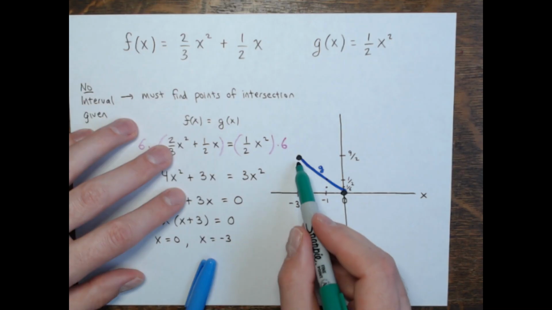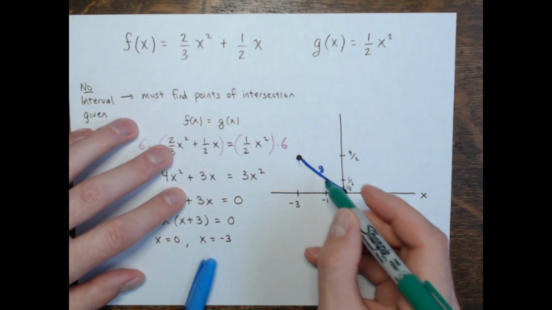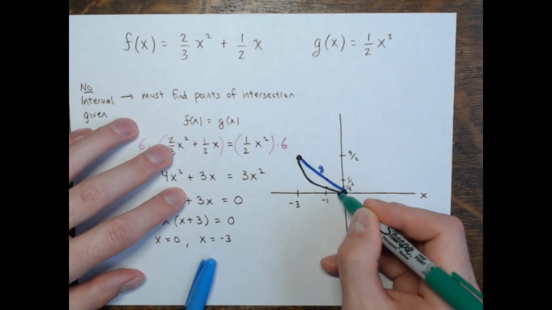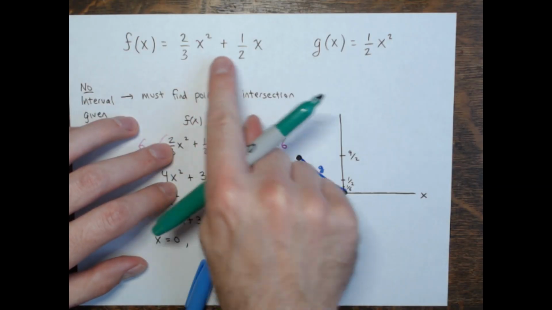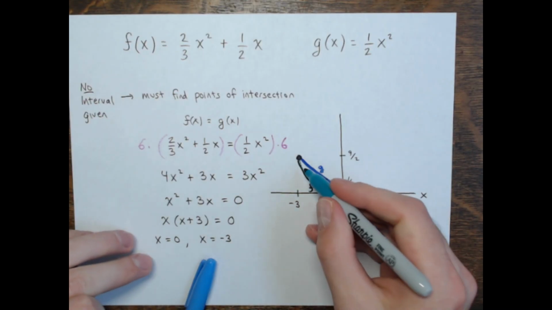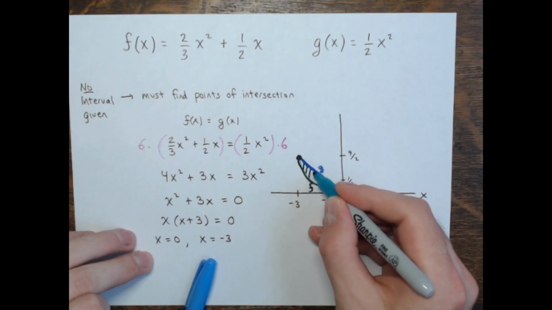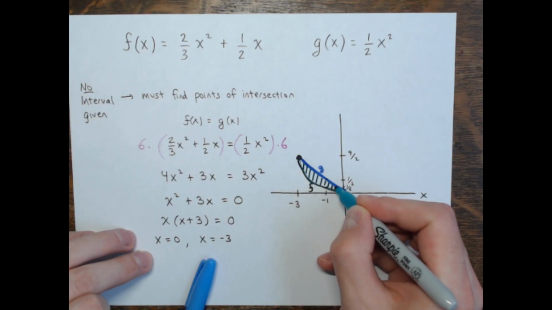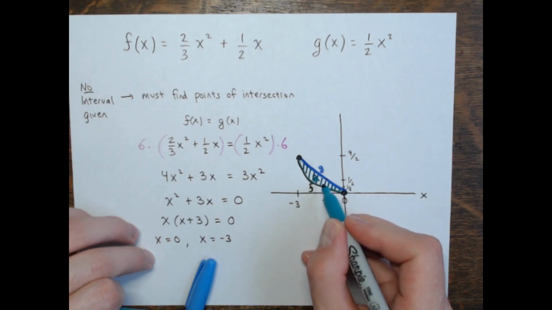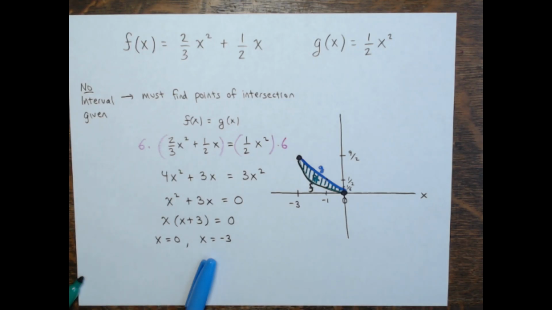And the curve going from -3, 9/2, down to 0, 0, but passing through -1, 1/6, will be f. F has a lower value than g does. So the region in question is this really thin region here. There's R, very tiny and thin in my crappy drawing.